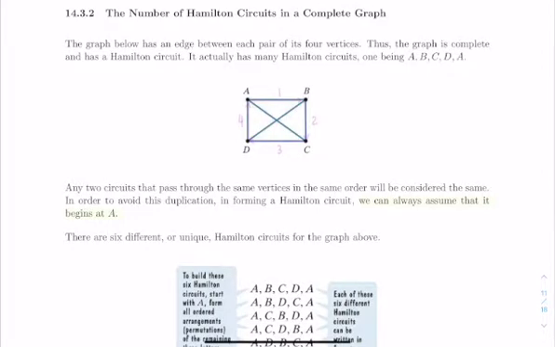It actually has many Hamilton circuits, one being A, B, C, D, A. Any 2 circuits that pass through the same vertices in the same order will be considered the same. In order to avoid this duplication in forming a Hamilton circuit, we can always assume that it begins at A.